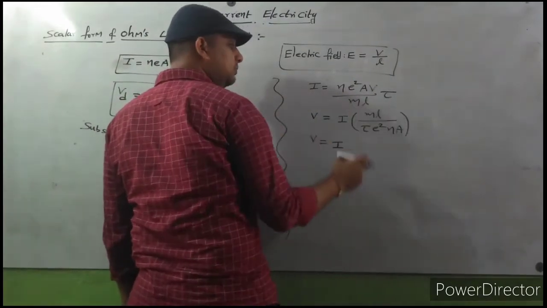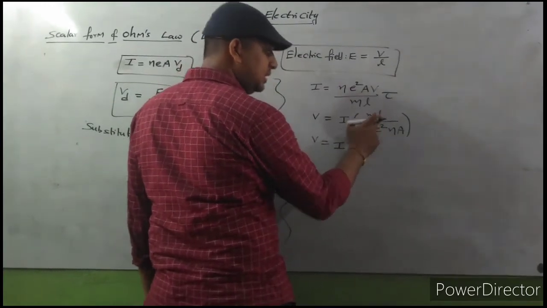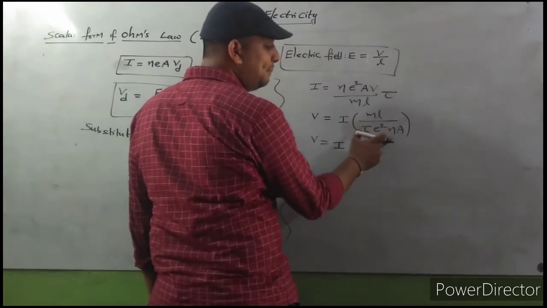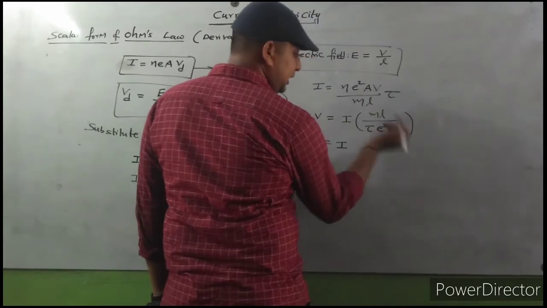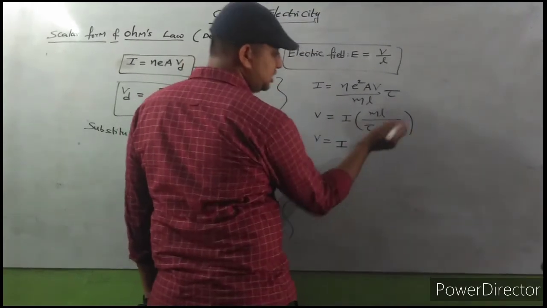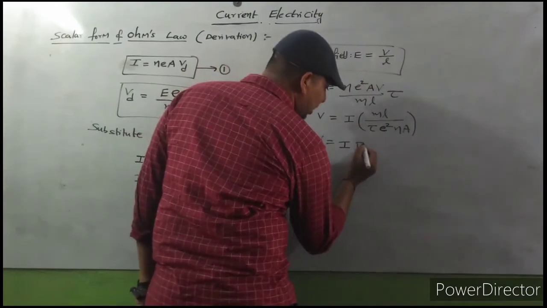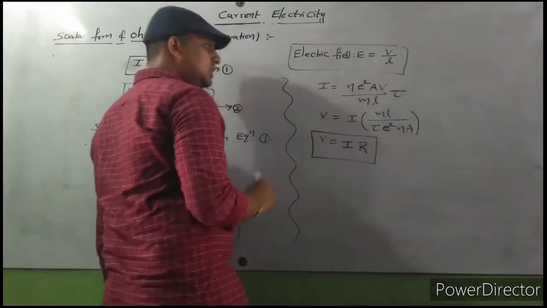Observe here carefully: the m value is constant, L value is constant, tau value is constant, charge of electron is constant, number of electrons per unit volume is constant, and area of cross section is constant. All values are constant, so this is treated as some constant value.